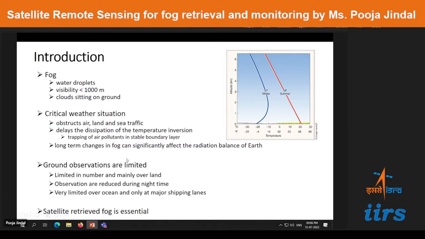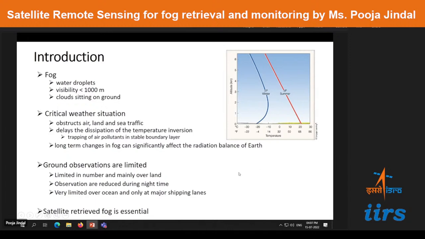And for the automatic measurements, instruments are used. The ground-based instrument which is used for the automatic measurement of the fog is called a transmissometer. Actually, a transmissometer consists of two instruments. One is a transmitter and another is a receiver. The transmitter sends some signal, which after passing through the atmosphere in the horizontal direction is received by the receiver.